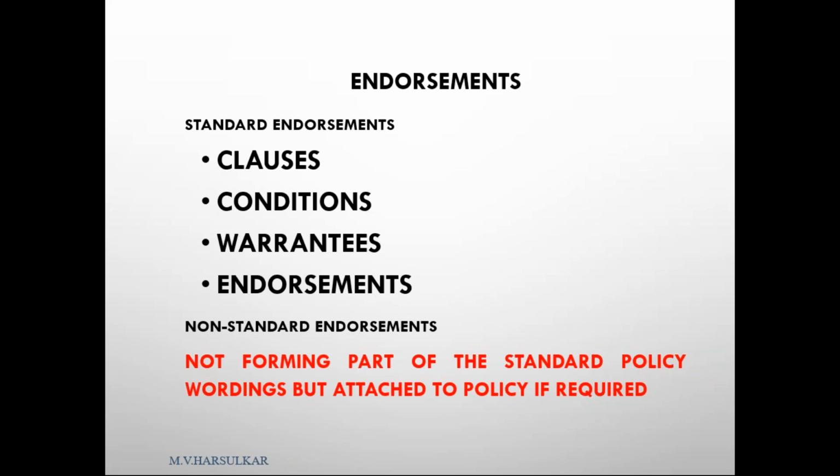There may be small differences, but the provision in the tariff is there to take care of that. If the insured opts for it, these non-standard endorsements are attached to the policy. These do not form part of the standard policy wording but are attached to the policy if required. This attachment may be at the start of the policy, along with the policy, or subsequently.